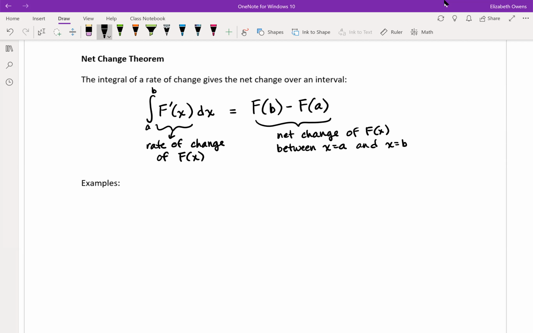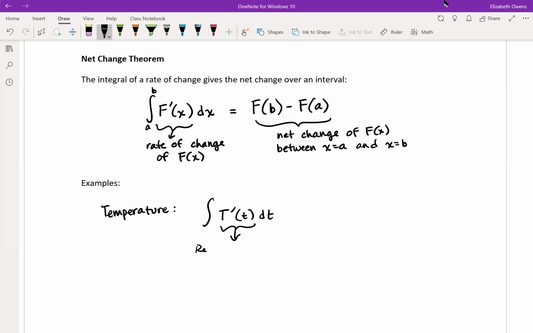Okay, so some practical examples here would include things like temperature. All right. If you had a rate of change of temperature, like big T for temperature, and it's changing over time, something like that, okay?